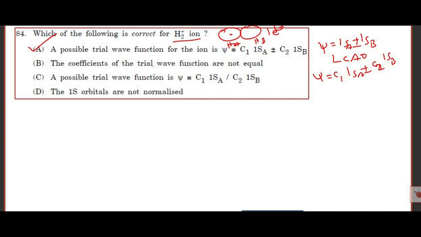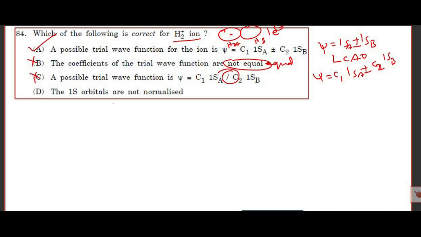So it is a trial wave function. In B, the coefficients of the trial wave function are not unequal, they are equal. In C, you see here it is given as a division, hence it is wrong.